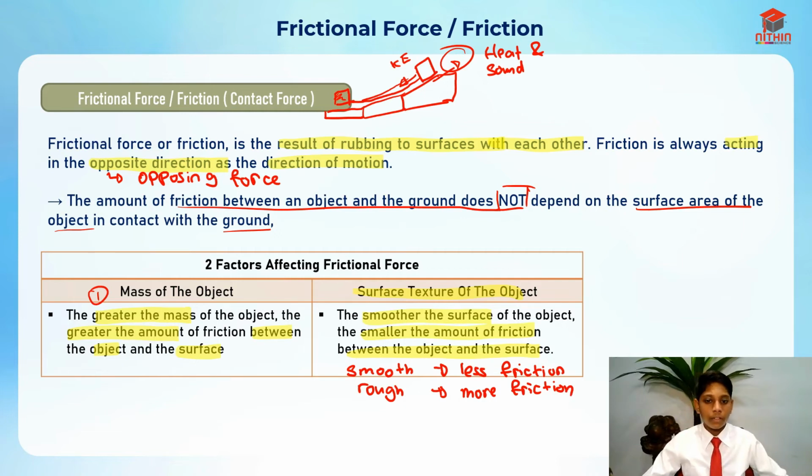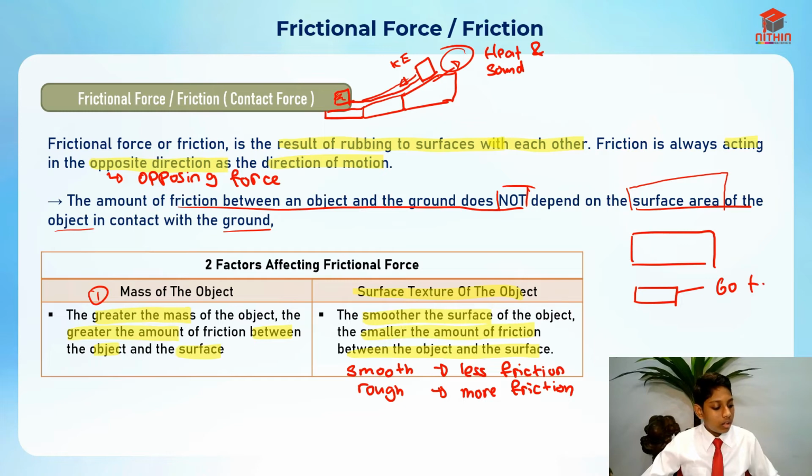Now let's move on, and do remember, the amount of friction does not depend on the surface area. Okay, because basically the surface area, right? We can have a very large box over here and a very small box over here, but this small box maybe weighs 60 kg, and this big box only weighs about 10 kg.